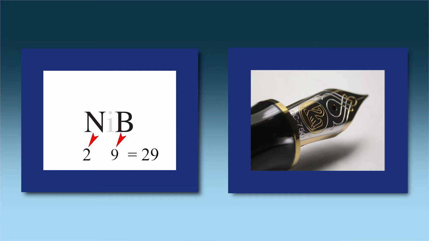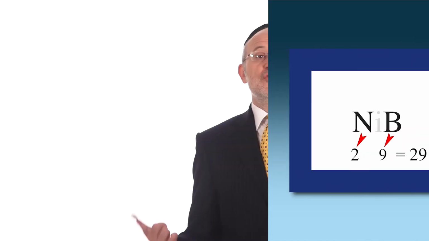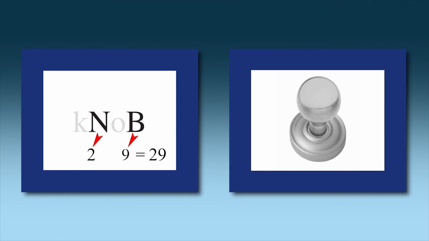Excellent. Nib is 29. You can also use knob. Now, knob is spelled with a K, but you don't hear it. This is a phonetic system, and therefore goes by what you hear from the sound. Knob is K-N-O-B. You don't hear the K when you pronounce knob, and therefore it doesn't count. N is 2, O doesn't count. It's a vowel.